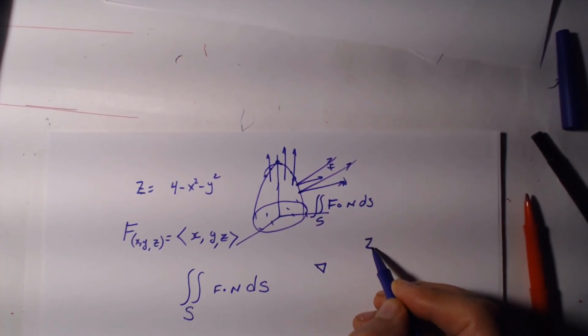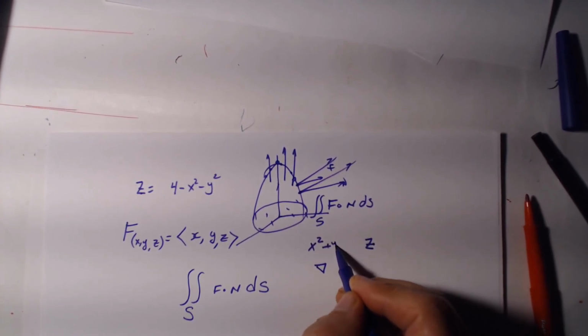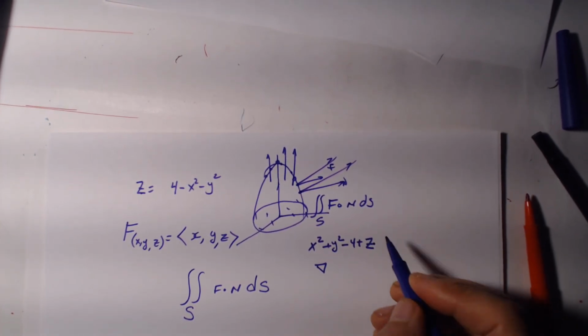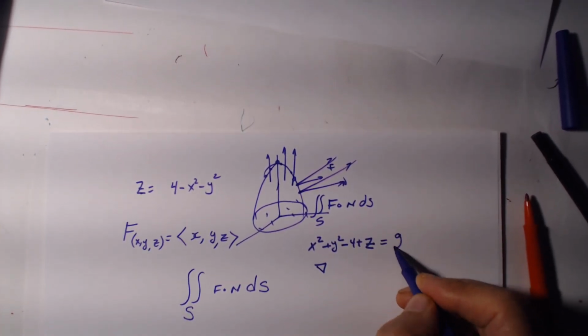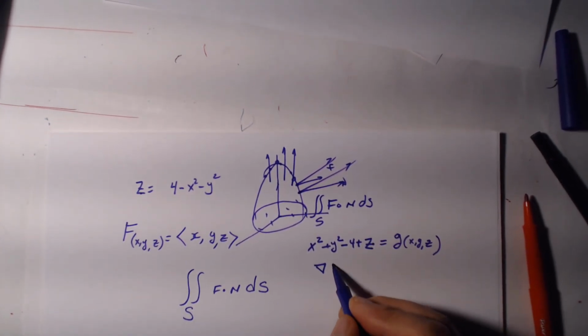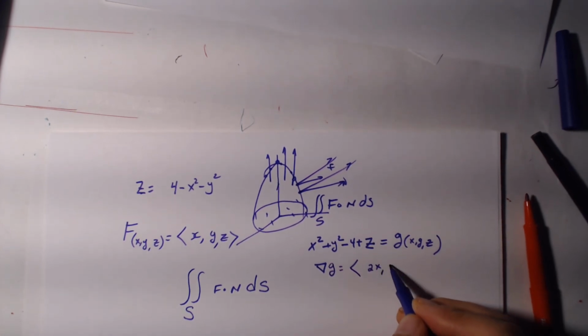Therefore, my z has to be positive. The x comes to the other side, x squared becomes positive, y goes to the other side and becomes positive, and the 4 becomes negative. And I call this one g of x, y, z. The gradient of g is 2x, 2y, and 1.